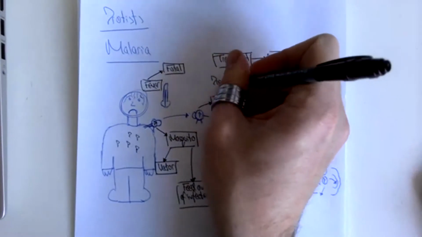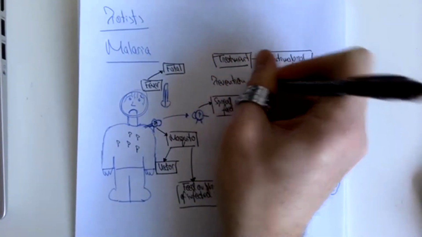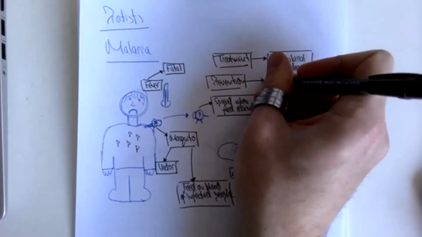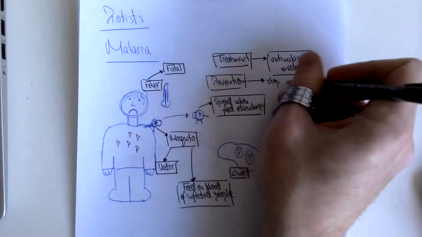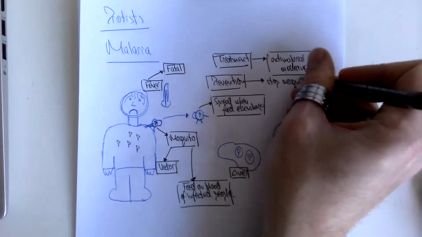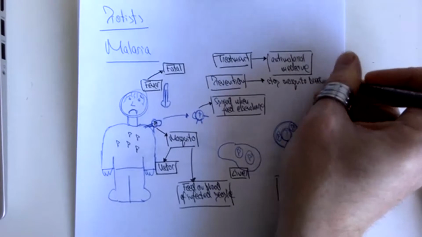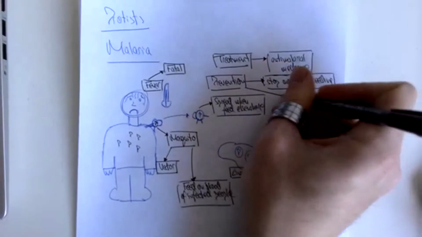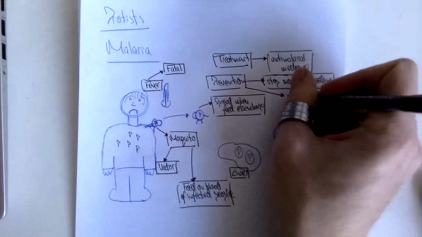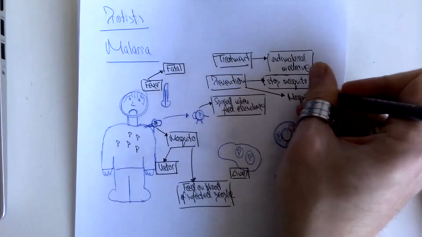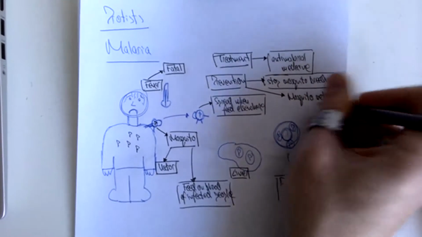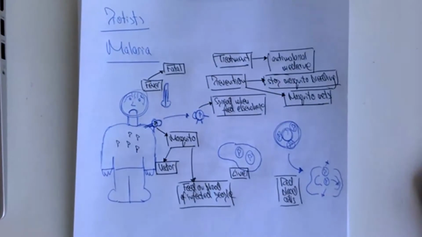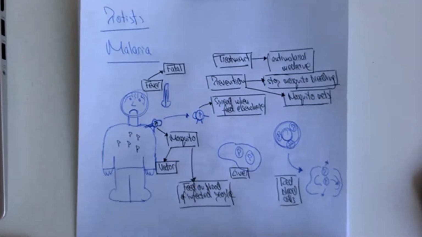And preventative measures can look at how to stop mosquitoes breeding, and also the use of mosquito nets, for example, in environments where mosquitoes are common and might often feed on people's blood when they are asleep. So those are the main means of prevention, treatment, and the symptoms of malaria, which is a protist pathogen.